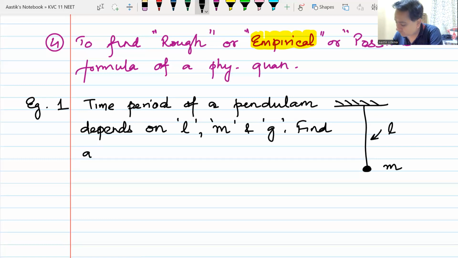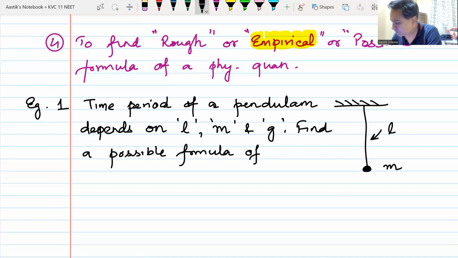What I want to ask you is to find a possible formula of the time period; this capital T is your time period. Now, you have conducted some experiments, and this is what you get from this experiment.